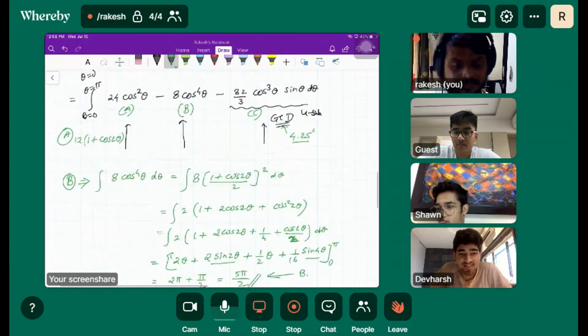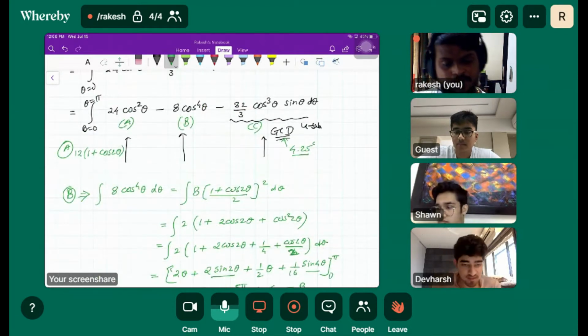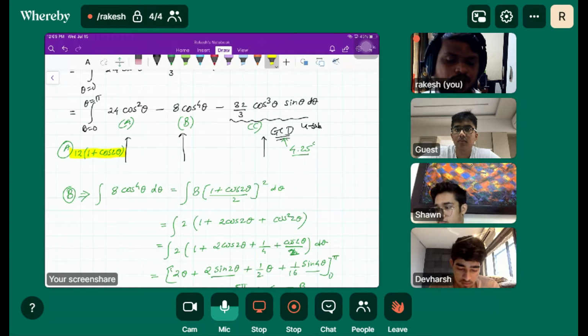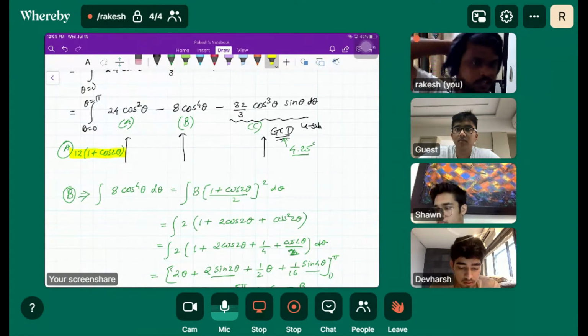So see, 24 cos square theta, let's go one by one here. 24 cos square theta can be written as 12 into 1 plus cos 2 theta, since cos square theta is basically 1 plus cos 2 theta upon 2, right?